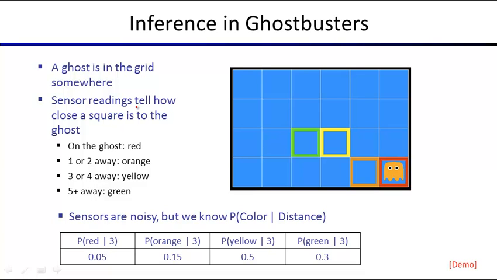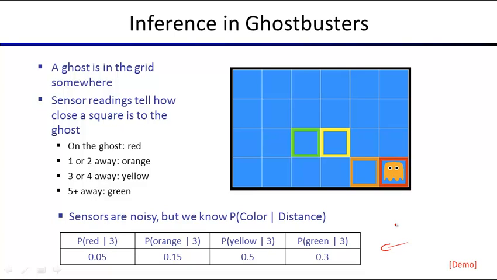How does the sensor work? The sensor works based on how far away the ghost is from that particular square. So the sensor model looks something like this, and this is just for one distance. This is for the distance of the ghost being 3 steps away from your sensor. There's a model for the ghost being 0 steps away, 1, 2, 3, 4, 5, and so forth. So there are many of these models.